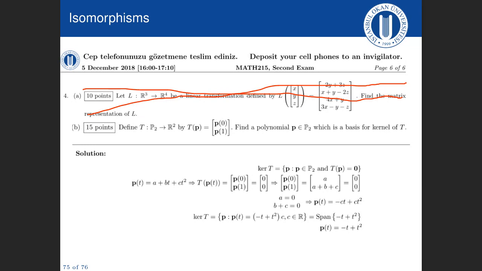Find a polynomial P in P2 which is a basis for the kernel of T. So let me remind you, what does kernel mean? Kernel is the vectors which map to 0. So all of the polynomials in P2 such that Tp is equal to 0.